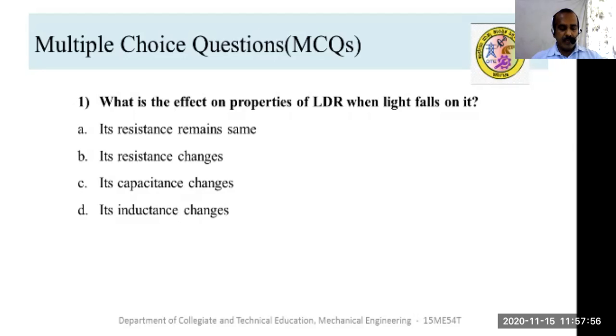The answer is B. When light falls on an LDR, light dependent resistor, its resistance changes. It is inversely proportional to the intensity of light.